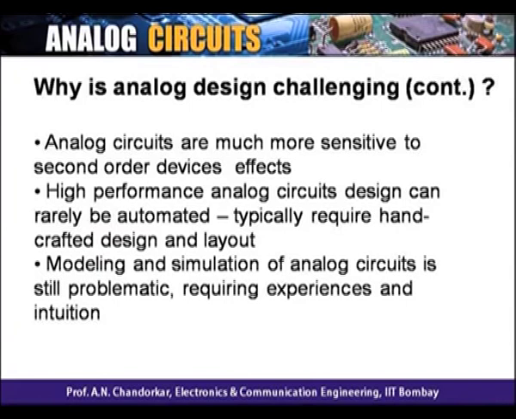Because of this so-called smaller range, and so many effects, it is very difficult to do automation like digital. In digital there are all kinds of software available, so much so that nowadays there is something called silicon compilers. I give a statement, I want to do this under this condition, it should show me this, and a chip can be designed without your intervention.